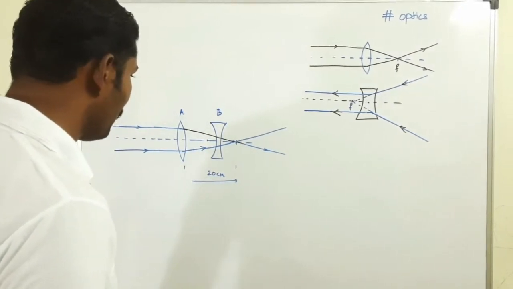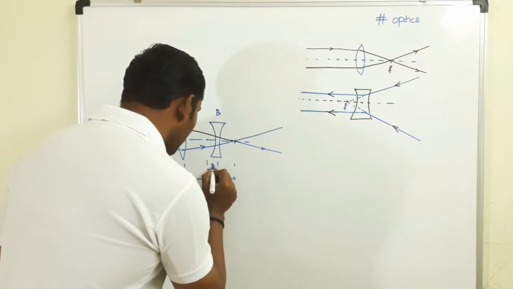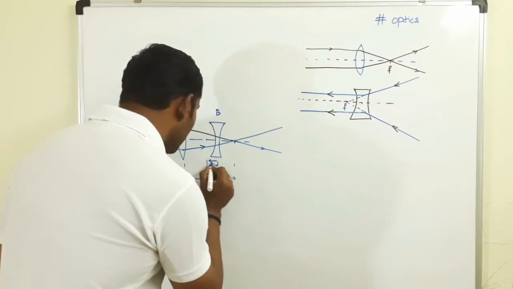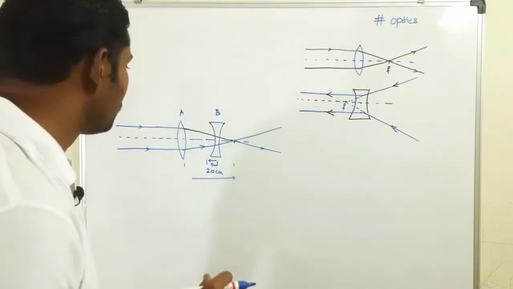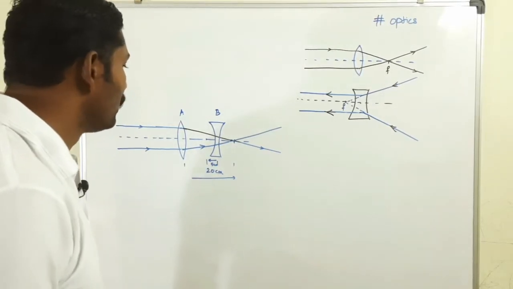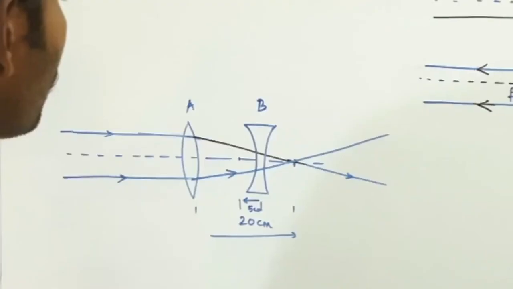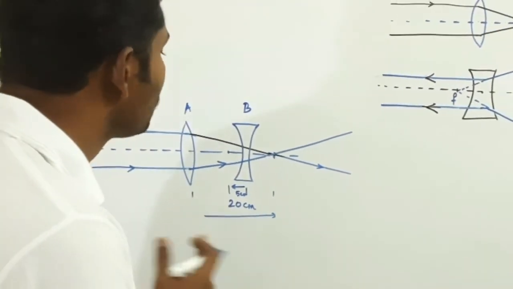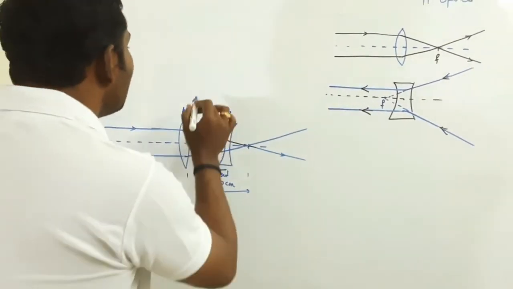That is, this distance is 5 centimeter. So you have to keep it in such a way that the distance between the lenses is how much? That is our D. What is D?